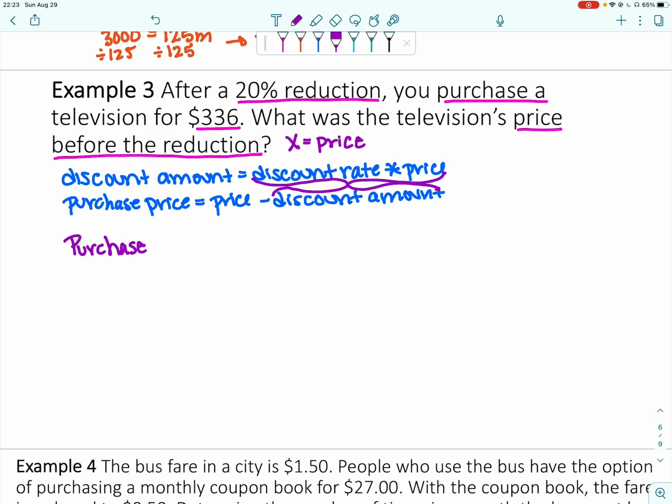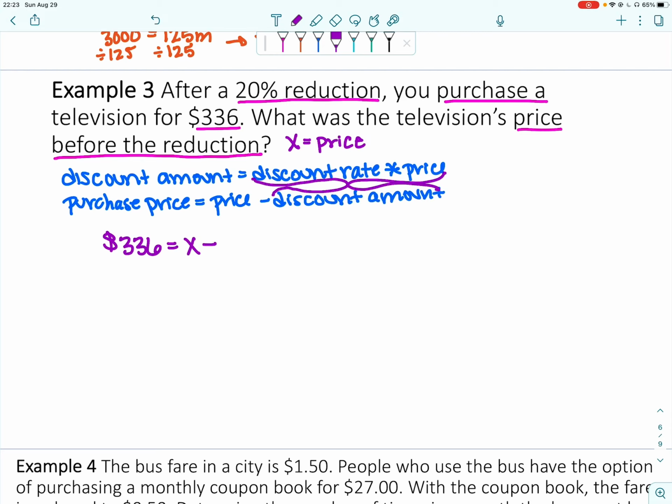So the purchase price, which we do know, so let me cross that out. Our purchase price was $336. The price before the discount, before the reduction, we don't know what that was.